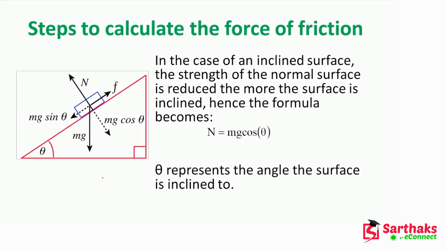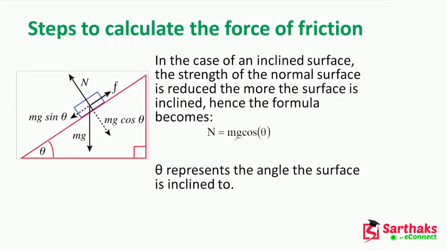Okay. Now, how can you calculate the force of friction? Suppose you have an inclined surface. If you have an inclined surface, the strength of the normal force is reduced the more the surface is inclined. Hence, here N will be mg cos theta.